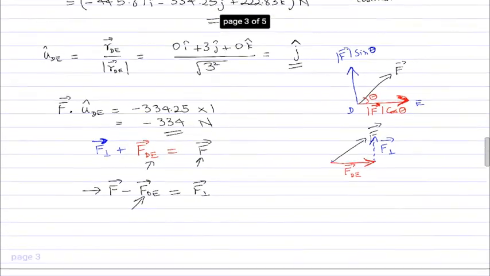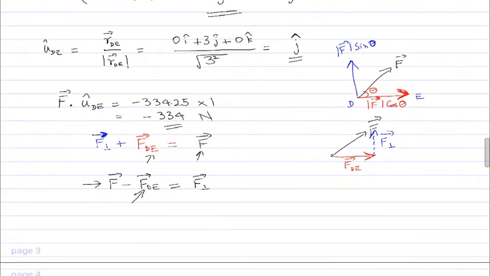We found the force component of F in the direction of dE. So to get that component in vector form, we just multiply the magnitude of that component, which is 394, by the unit vector along dE, which we already know over here, right?